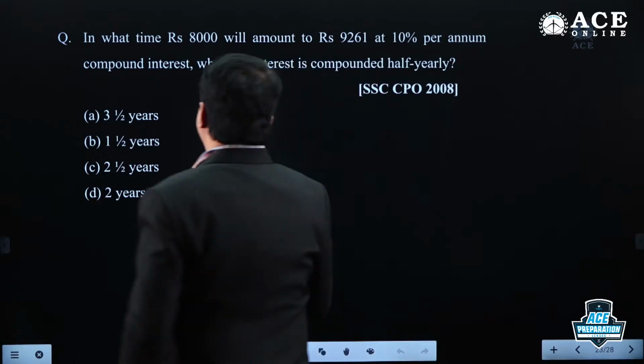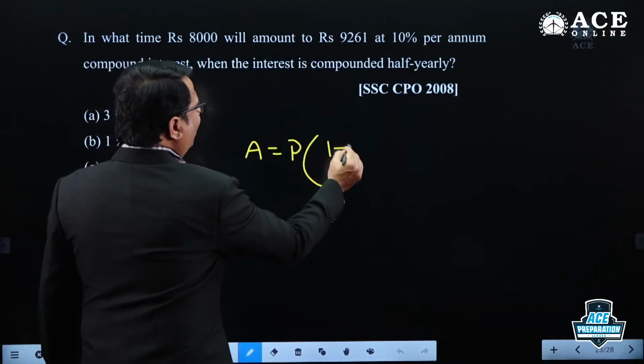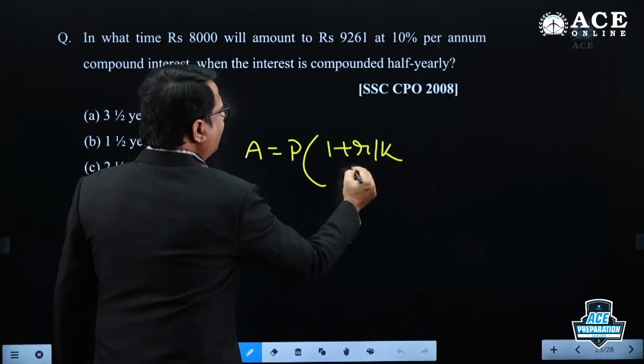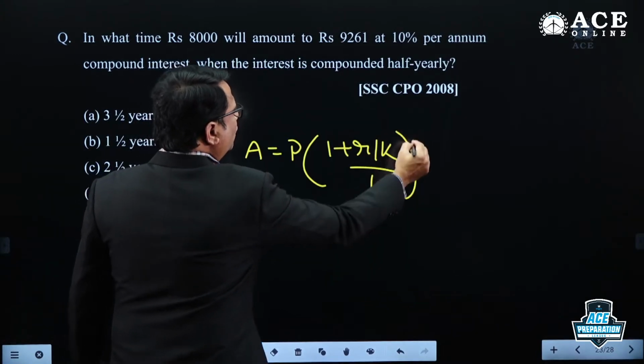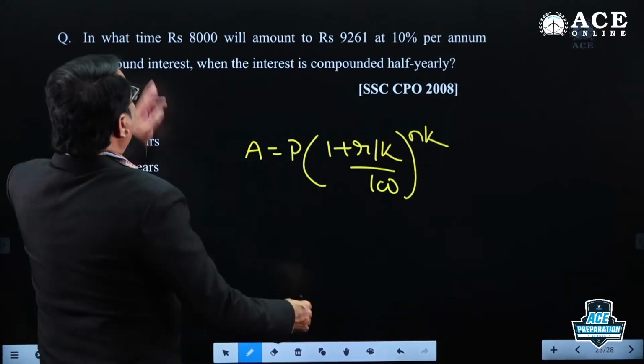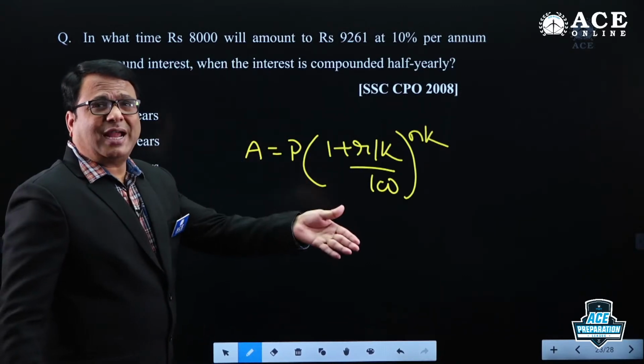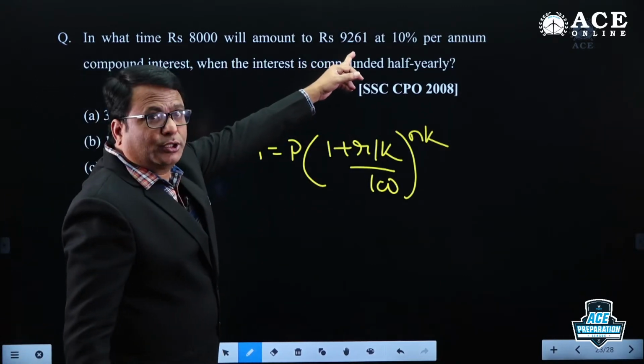Okay. So I write here amount equal to P into 1 plus R by K by 100 whole to the power of nK. Now what is the amount? 8,000 is the principal. And after a certain period of time, it is becoming 9,261.